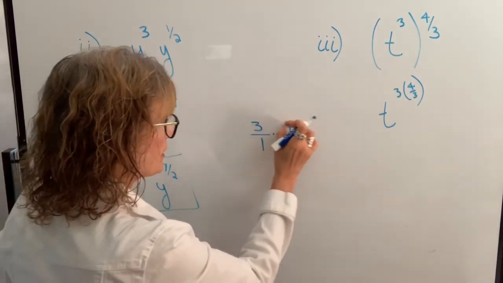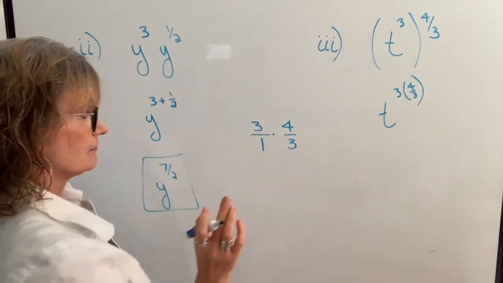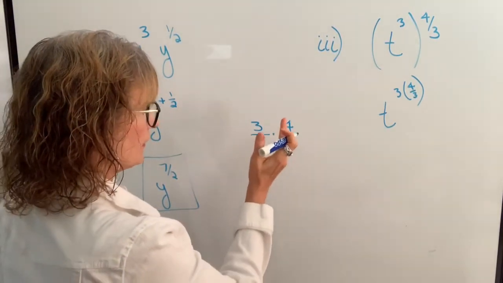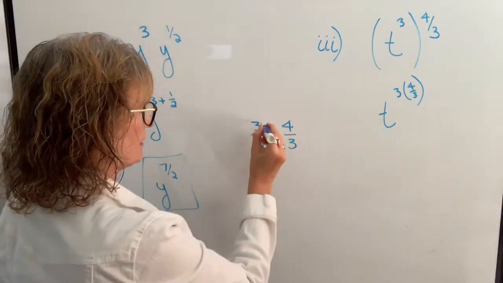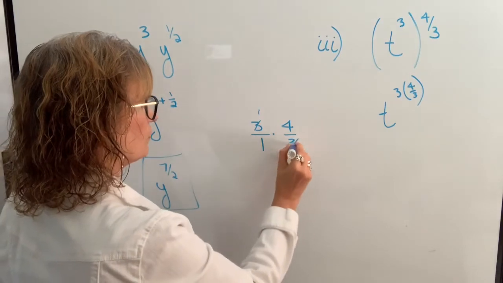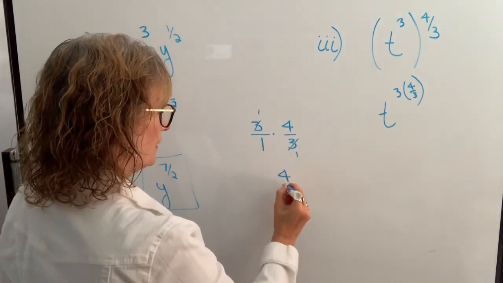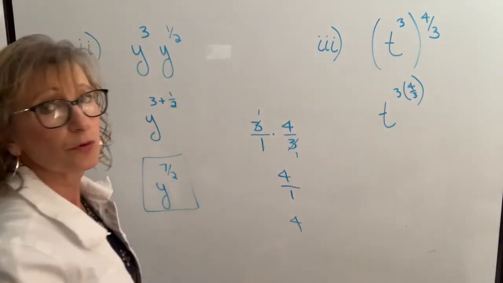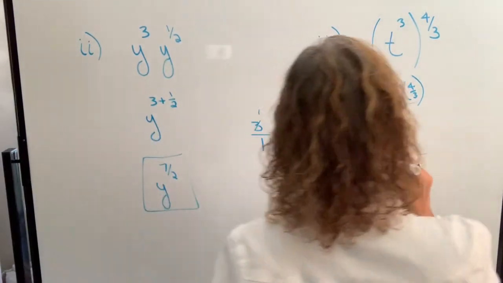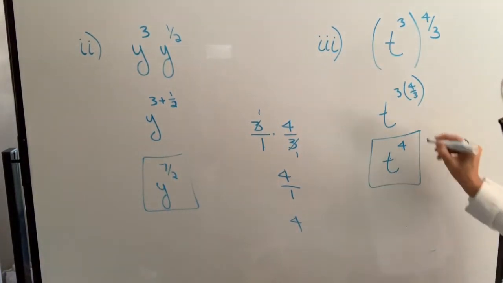The way I do it is I multiply the numerators, I multiply the denominators. However, I can cancel. If I have a factor that cancels into a number in the numerator and into the denominator, I can do that. So in this case, it's pretty straightforward. I have a 3 that goes into there, a 3 that goes into there. Now I multiply my numerators. Now I multiply my denominators. And 4 over 1 is 4. So this expression simplifies to t to the 4th power.